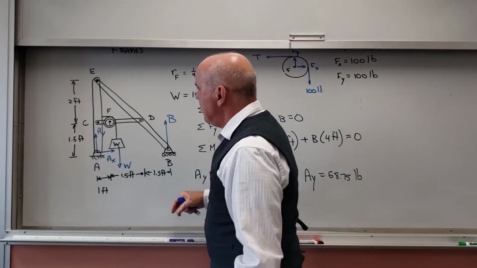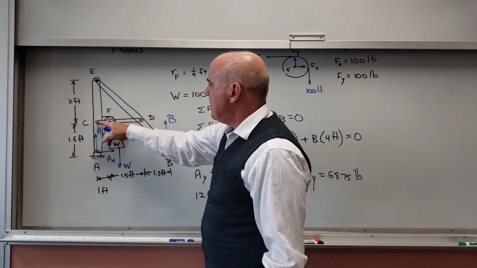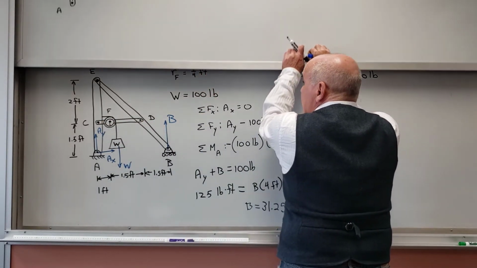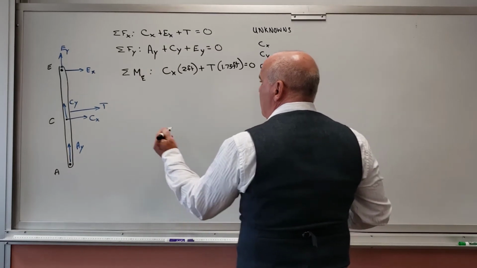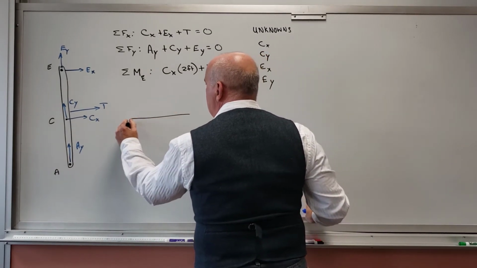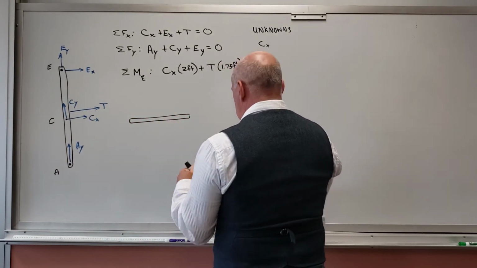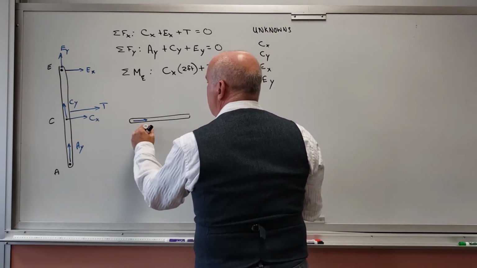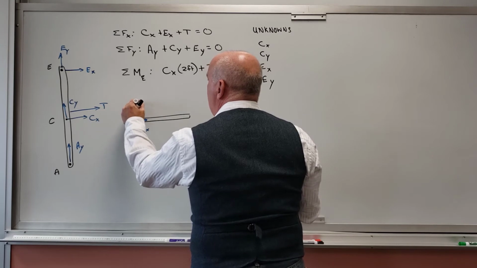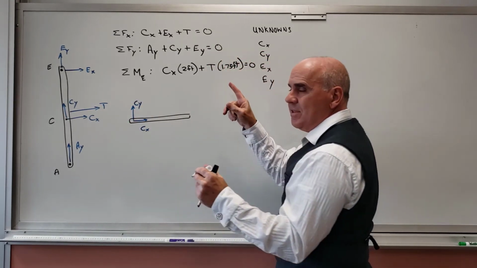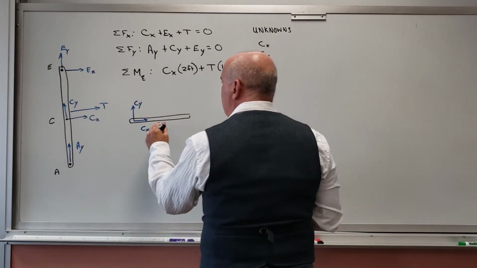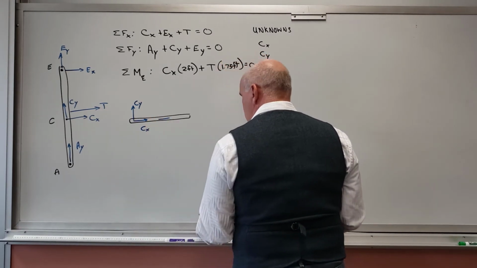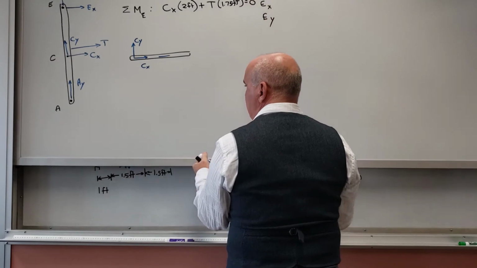I'm going to do CD because it's kind of nice and easy to draw. All right, so let's look at CD. So here's CD. And there's a force CX and a force CY. And I know CX is in the wrong direction. I'm just going to leave it the way it is. And then there's, I don't remember that letter, the pulley, was that F, right?